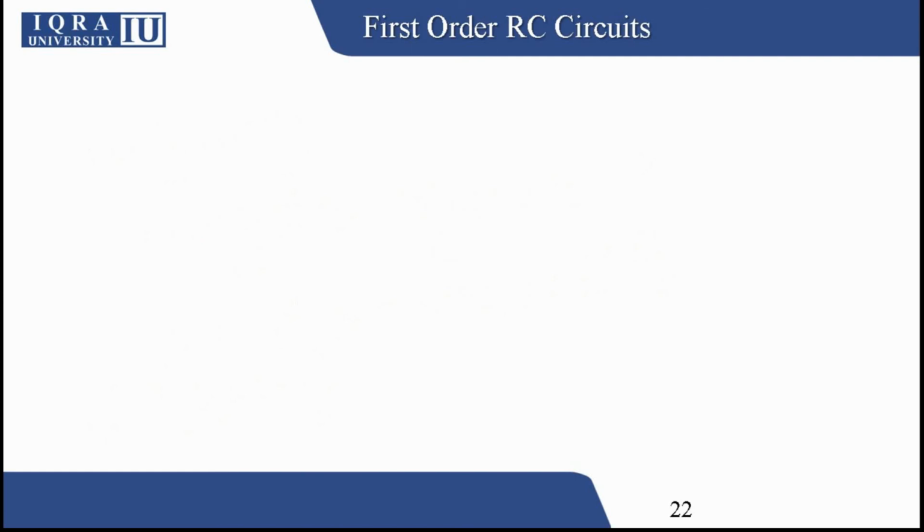So to make it easier to understand, what is the voltage when time is less than 0, and what is the voltage when time is greater than or equal to 0? Similarly, what is the current when time is less than 0, and what is the current when time is greater than 0?